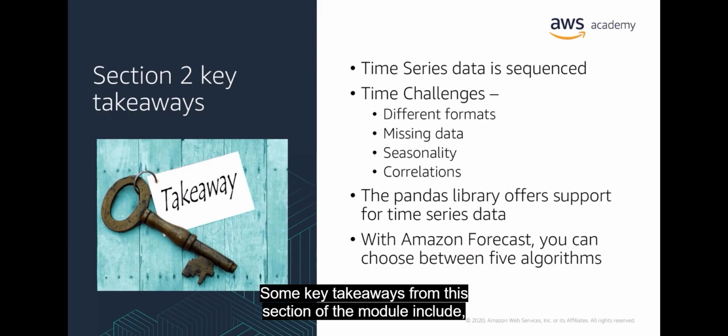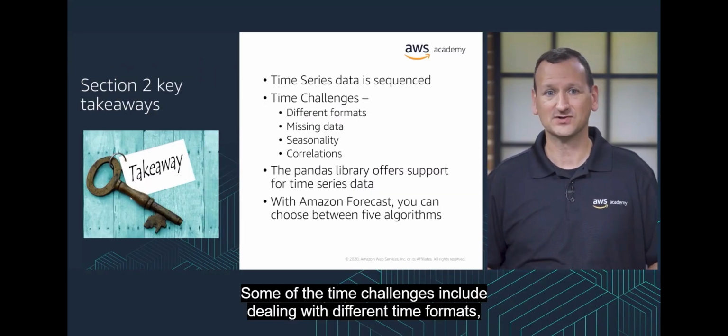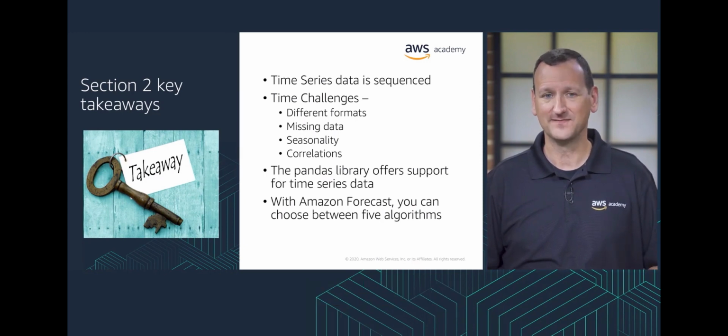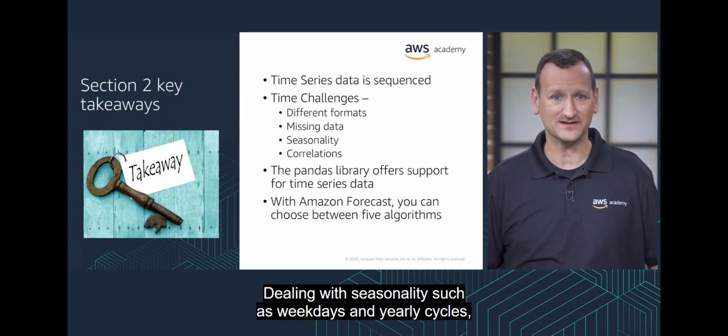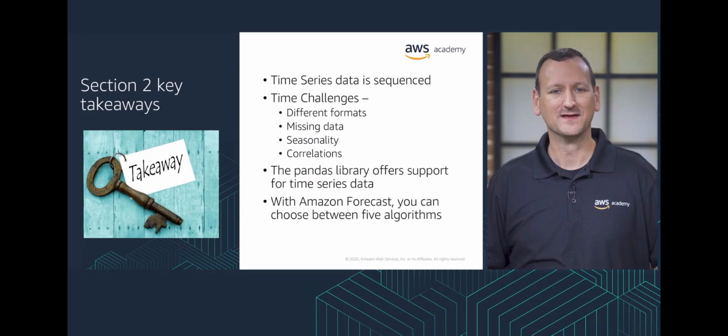Some key takeaways from this section of the module include: time series data is sequence data that includes a time element, which makes it different from regular datasets. Some of the time challenges include dealing with different time formats, handling missing data through downsampling, upsampling, and smoothing, dealing with seasonality such as weekdays and yearly cycles, and avoiding bad correlations.